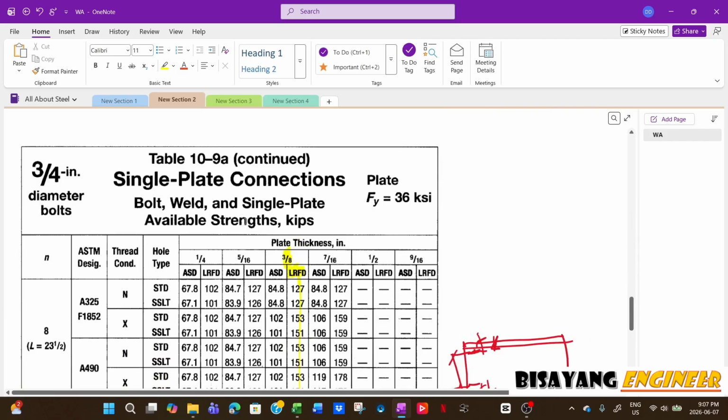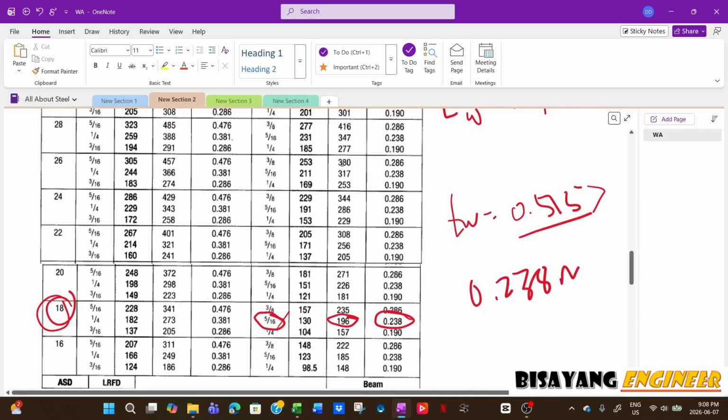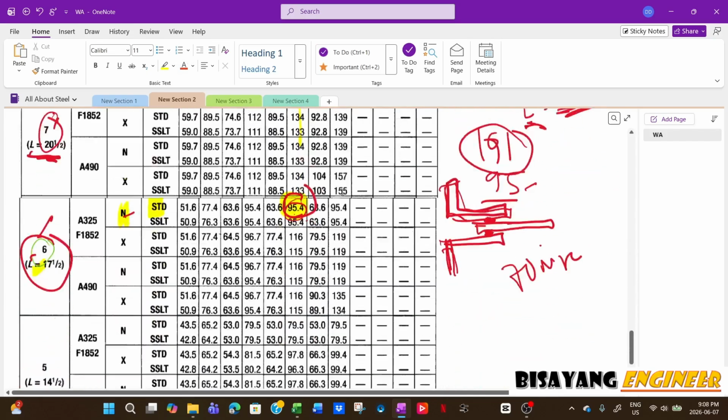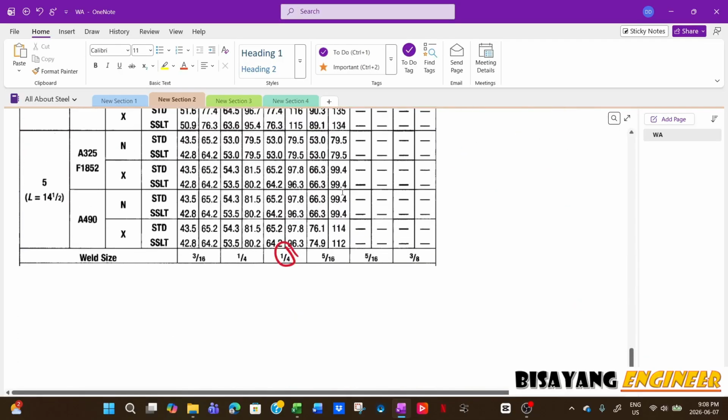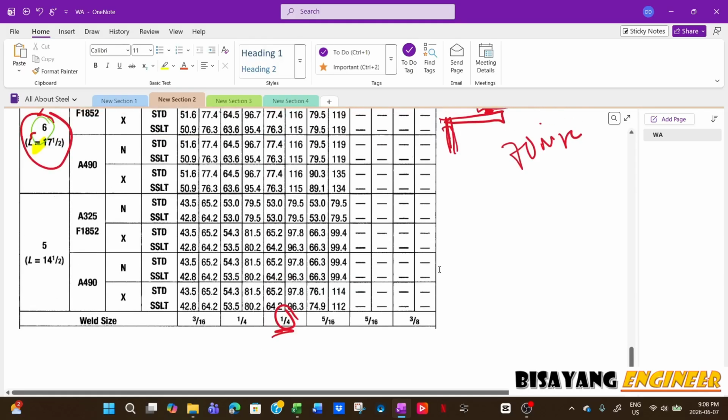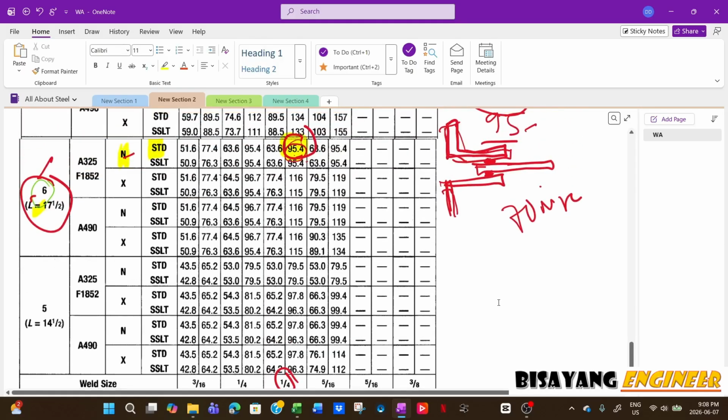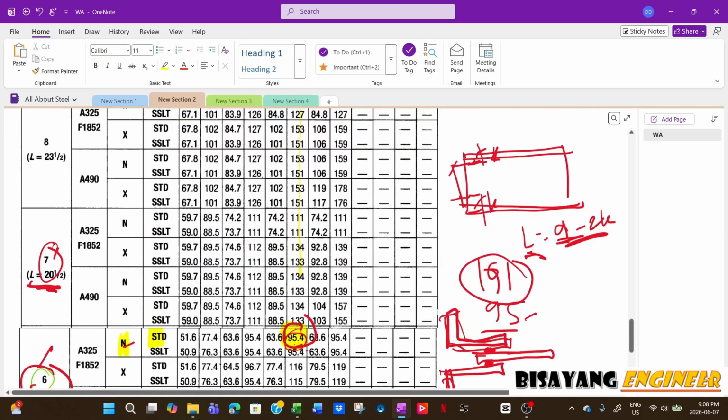I don't have the sketch, but in the manual, there's a sketch there showing where the weld is required. And so that's the weld size. And that's it. So that's how you determine the connection, number of bolts, size of plates.